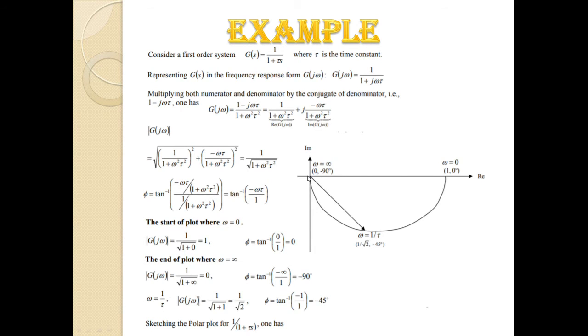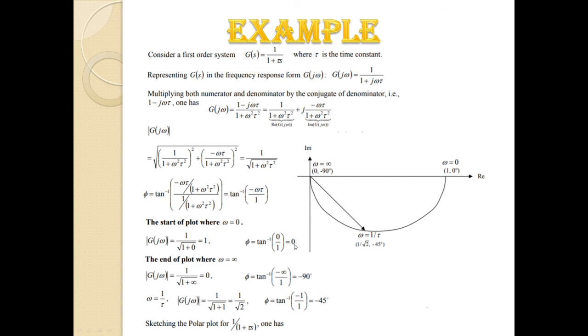To draw the polar plot, first we need to draw the real axis and the imaginary axis. So, this is the sigma part or the real axis, and this is the j omega part or the imaginary axis. Now, when omega is 0, the magnitude is 1 and the phase angle is 0 degree.